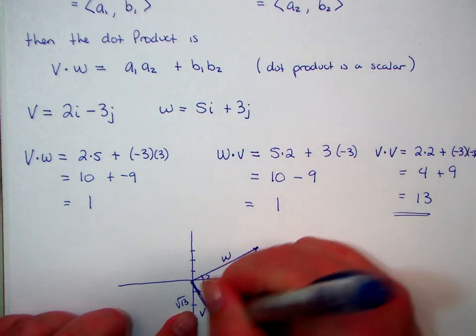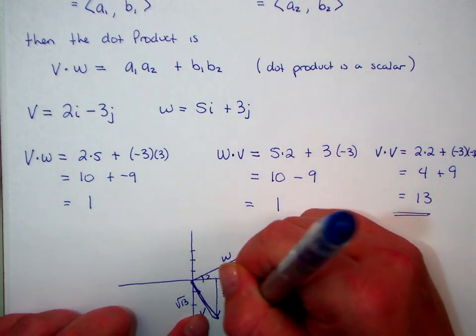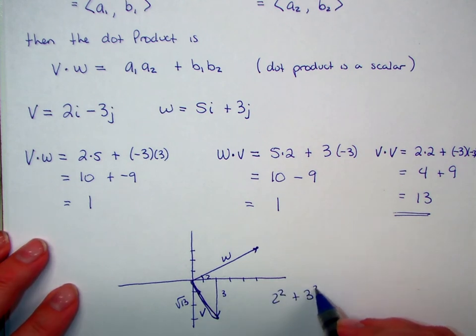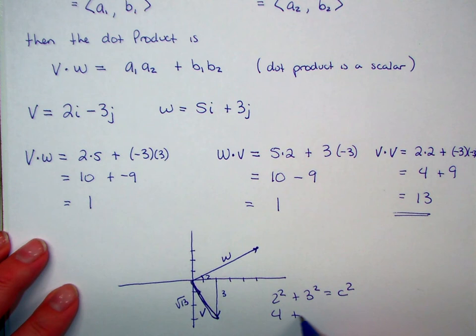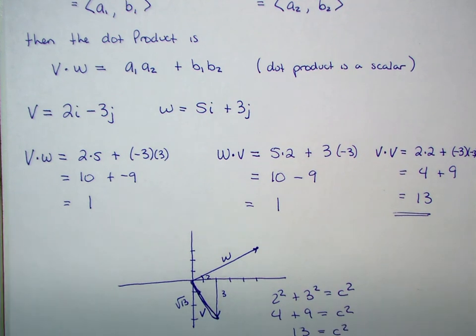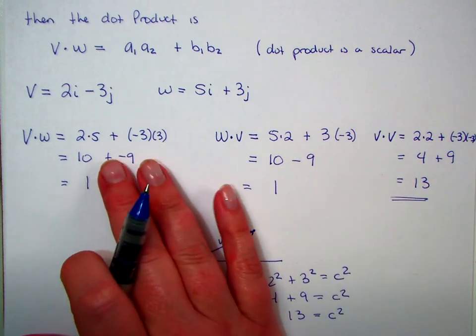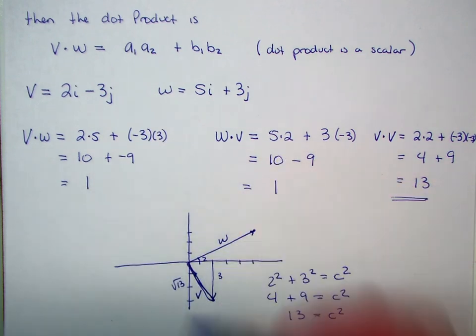How we could project a vector onto itself and get the distance squared, I'm not too sure. 2 squared plus 3 squared is c squared. Yeah, so c squared is 13, and I'm not exactly sure how this works out, but the projection does seem to help, okay, the shadow on one vector from another.